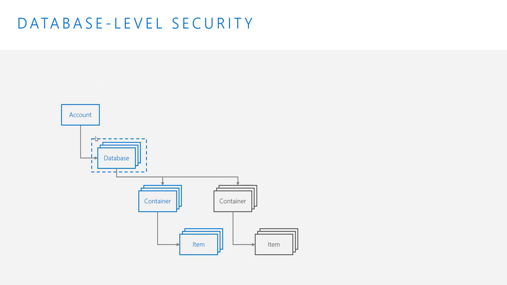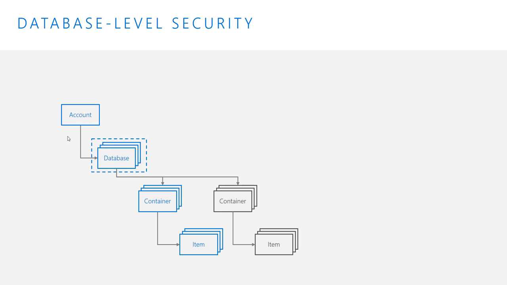Once your account is created, beneath that you can create a database, and then you can have multiple containers and items. Now here's something to understand. There's a line between account and database.